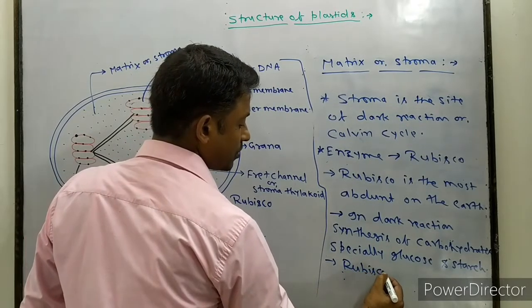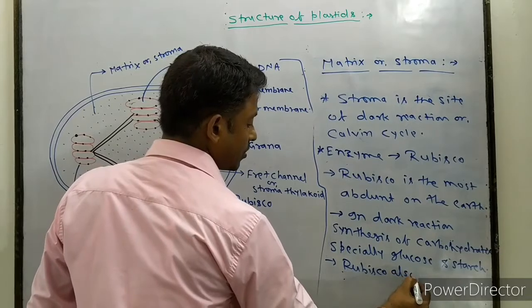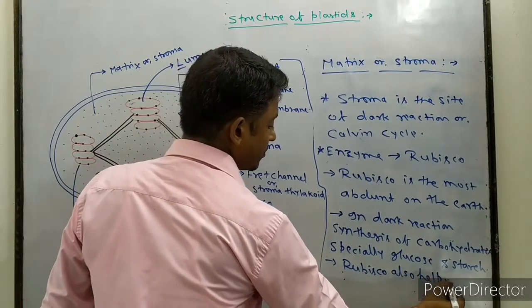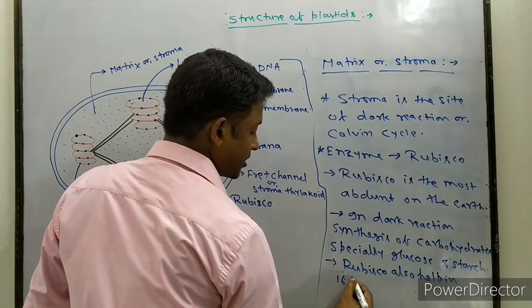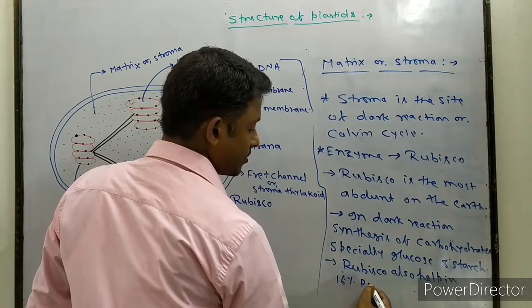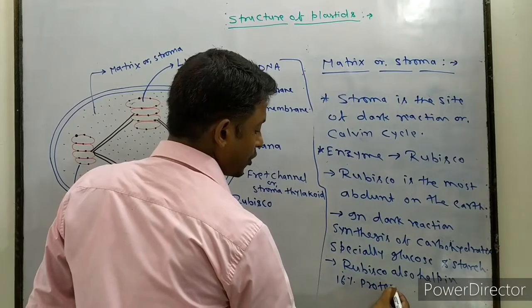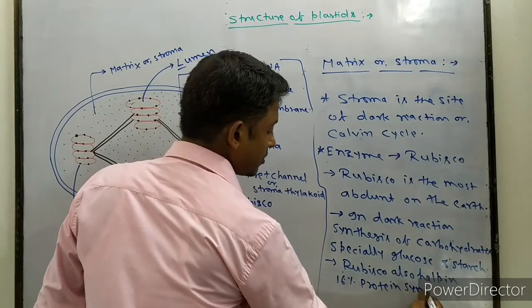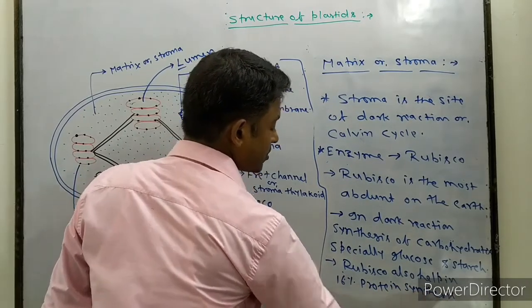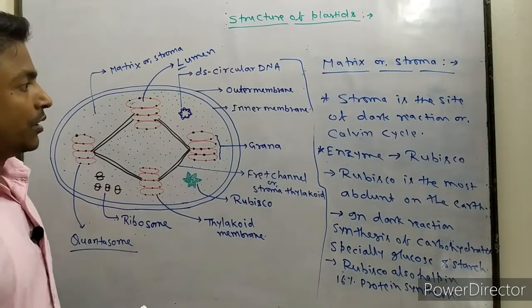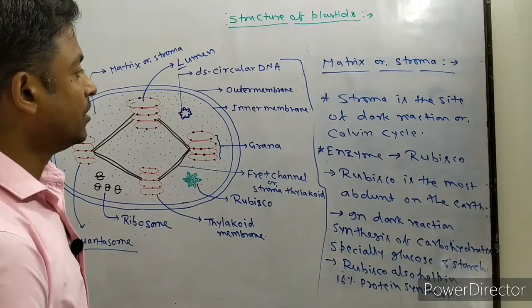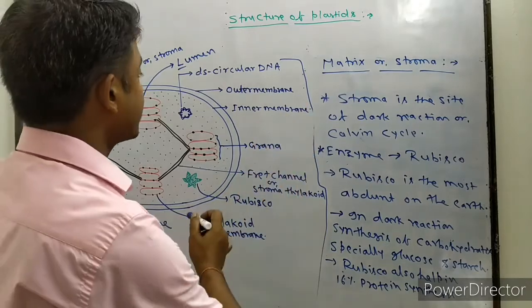Rubisco also helps in protein synthesis. So we have discussed stroma or matrix.